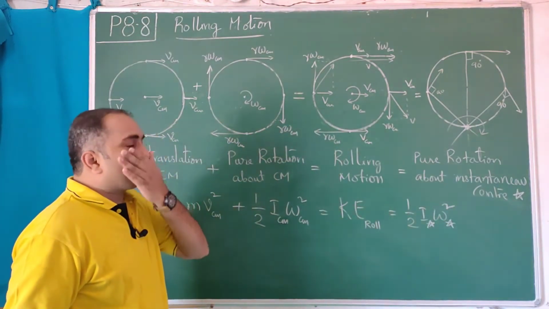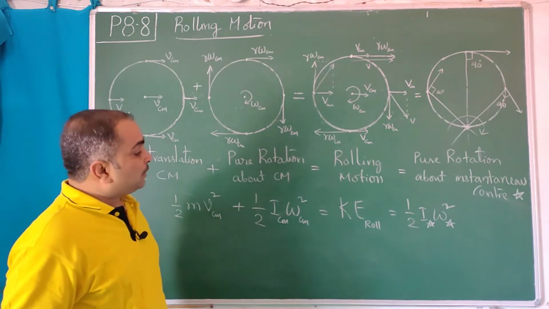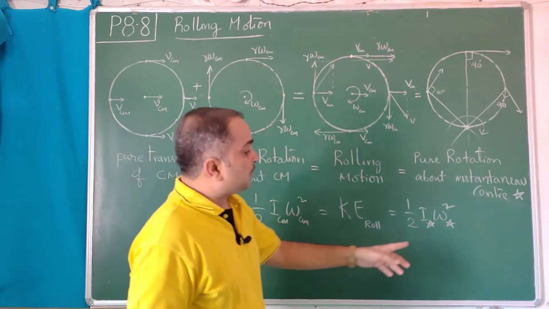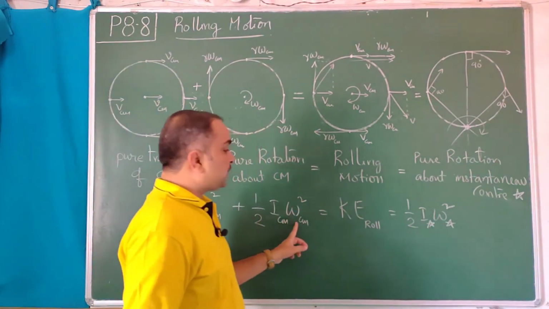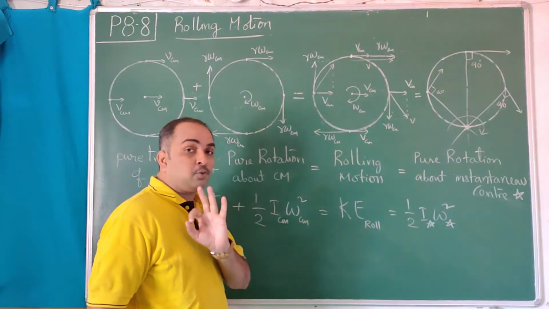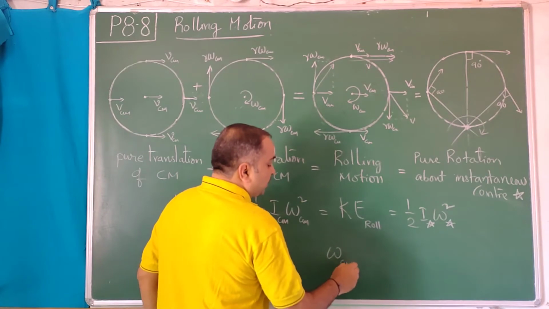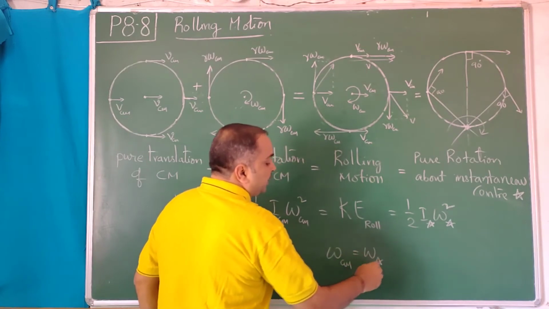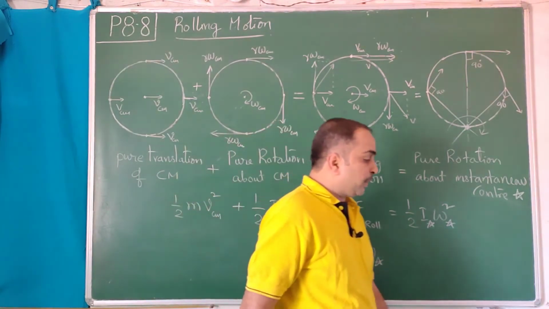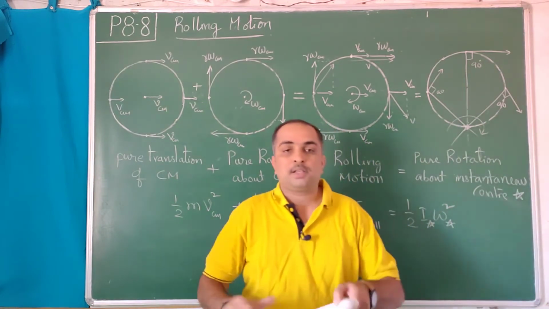Mathematically, in future you will understand that omega about the instantaneous center and omega about the center of mass will be the same for pure rolling, only for pure rolling. These two will be the same.